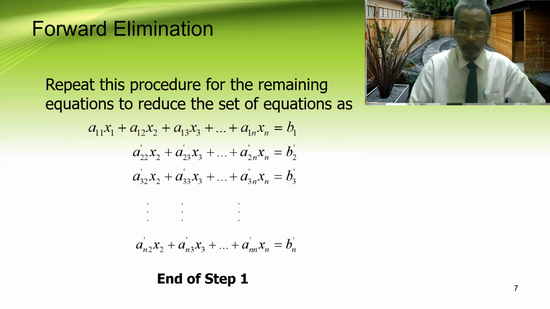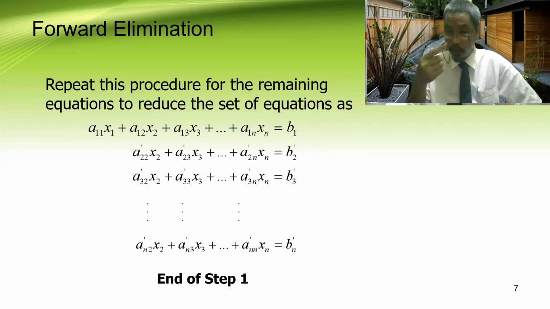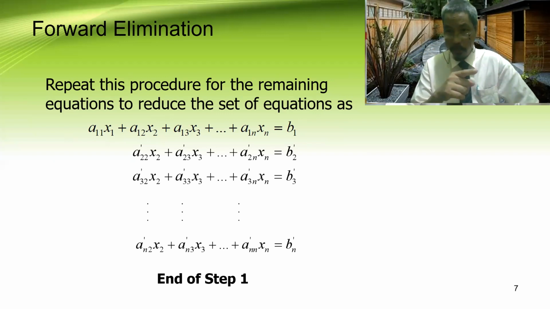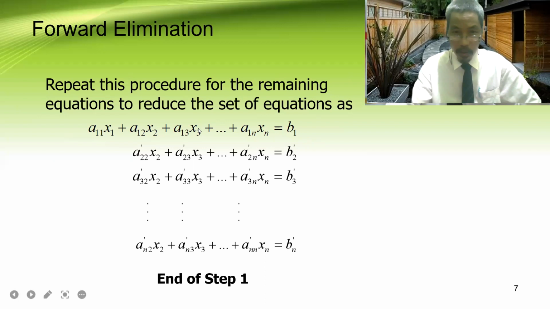Why? Because we want the present one, which has a 0 coefficient times x1. We want that. So repeat this procedure for the remaining equations to reduce the simplification.